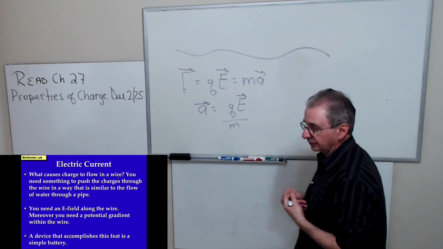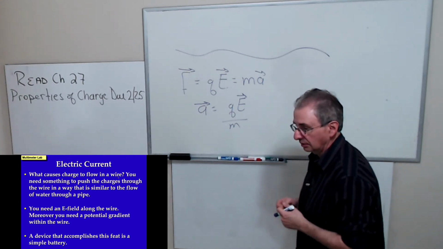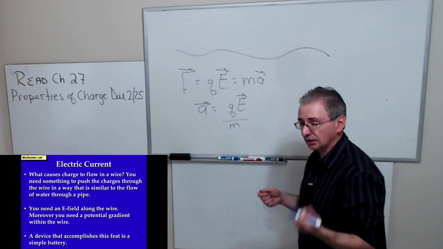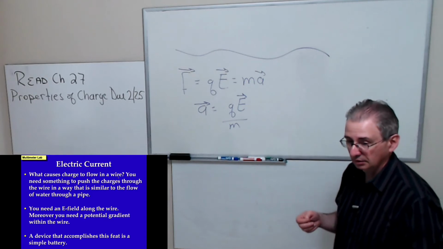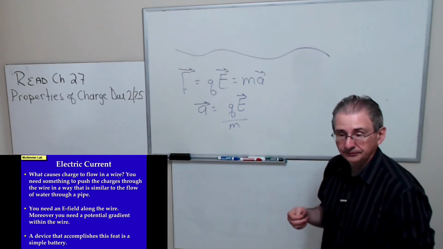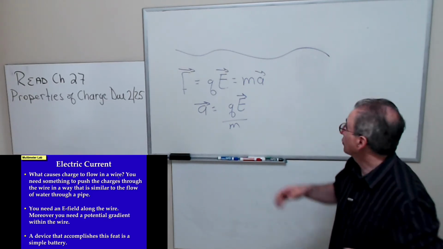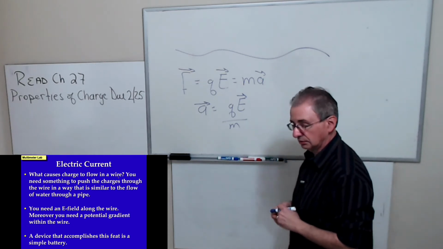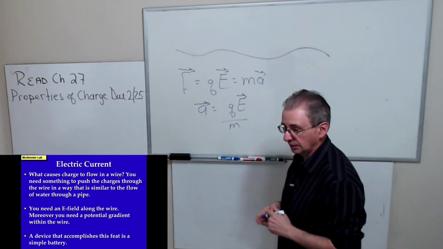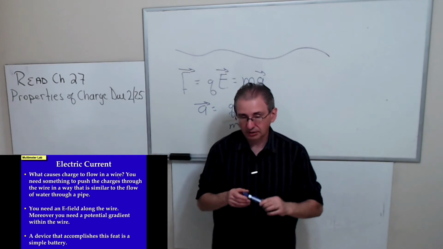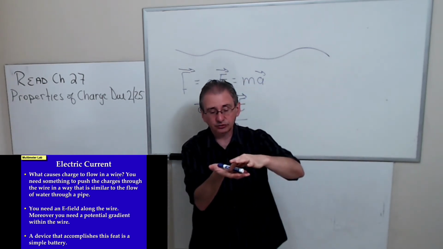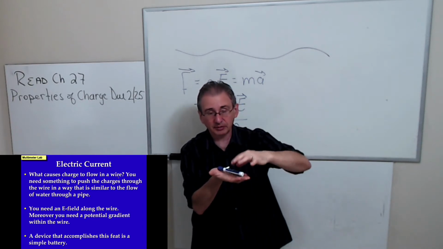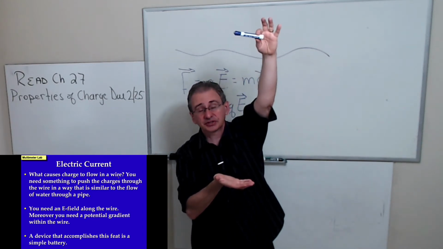So what does a battery do? A battery gives the electron potential energy so that it can move through the wire. It's the same thing as if I took a marker, holding it in my hand, and I do work on the marker to lift it from my hand to some higher position.